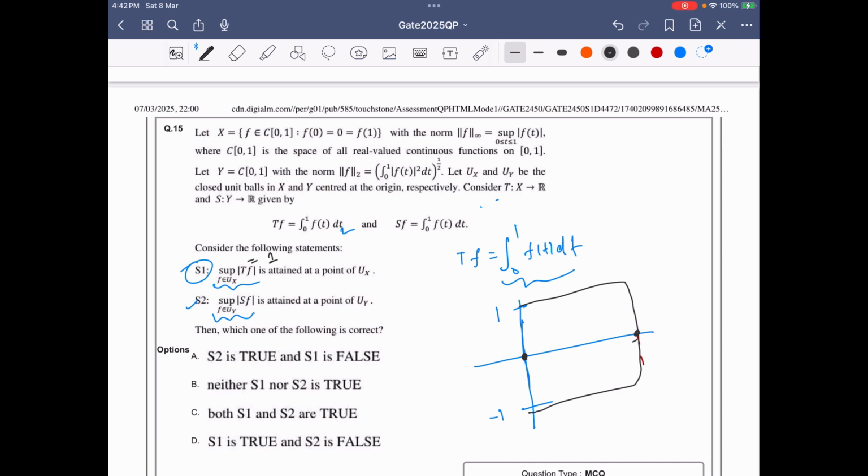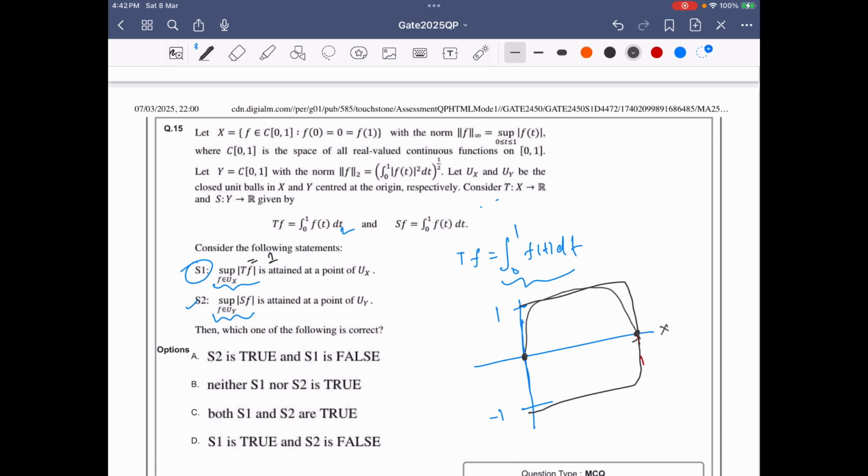You can try to draw any such graph, maybe like this, and then you'll see that this average area is not 1. For the maximum possibility, you have to be above the x-axis, and the maximum will be achieved if you consider this kind of function.